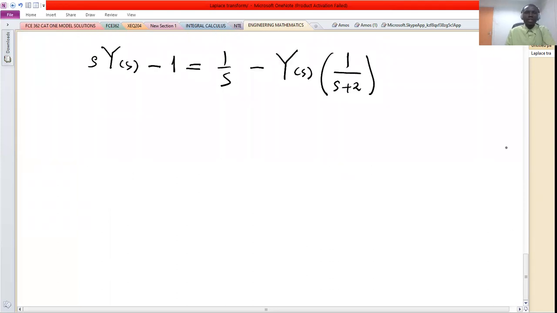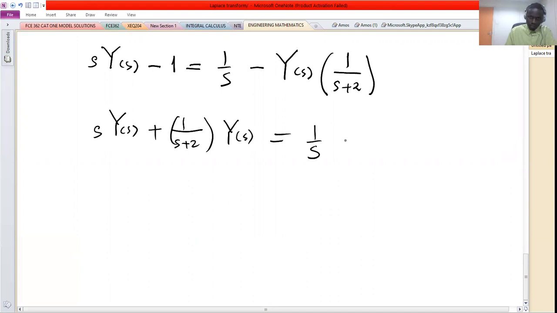So the next thing now is to rearrange terms with capital Y and s, and then get the inverse Laplace transform. So this, you can say, s capital Y of s. Bring this one to the left. So we'll have plus 1 over s plus 2 capital Y of s equals 1 over s plus 1.